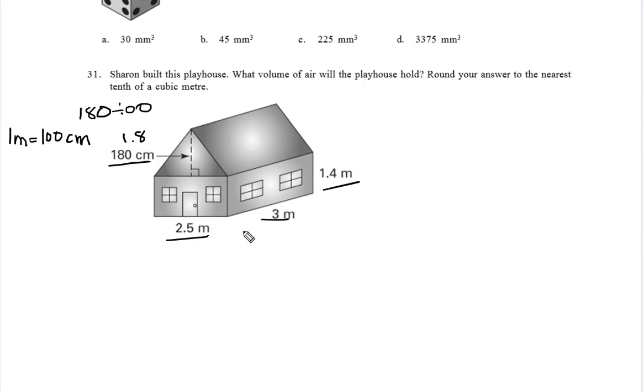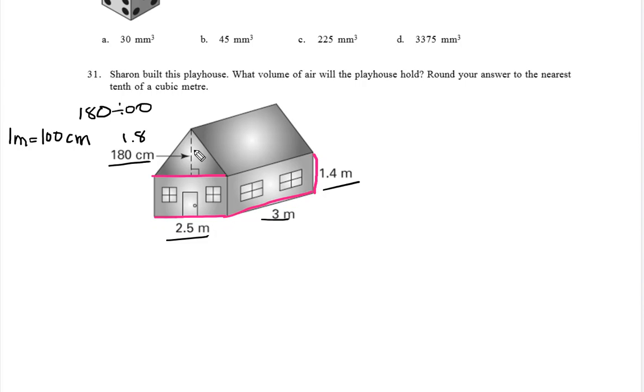Okay, now if I wanted, I could change all of these to centimeters and do it that way, but I find it's easier to change this one, because then the base for your triangle is the same as the length here, and then here's your width, and then here's your height.